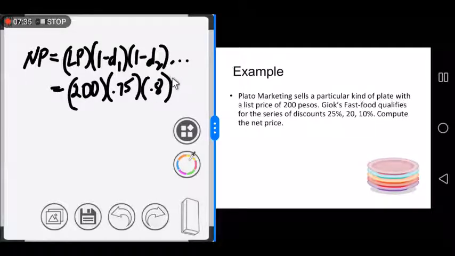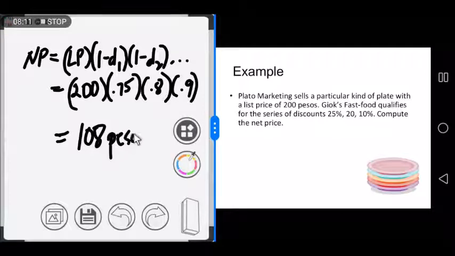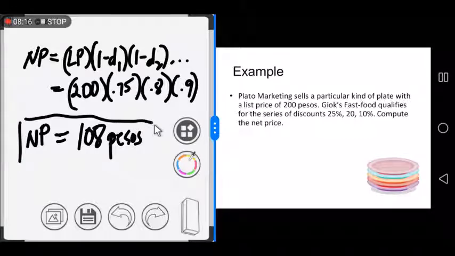And we have here 10%, so complementary rate ay 90% or 0.9. Okay, so getting our calculators, multiply again, our answer will be, if you got 108, then you are correct. Okay, so this is our net price.